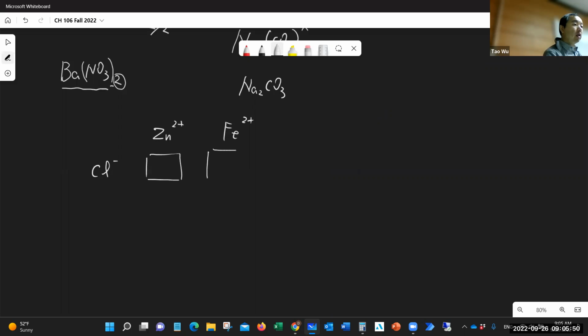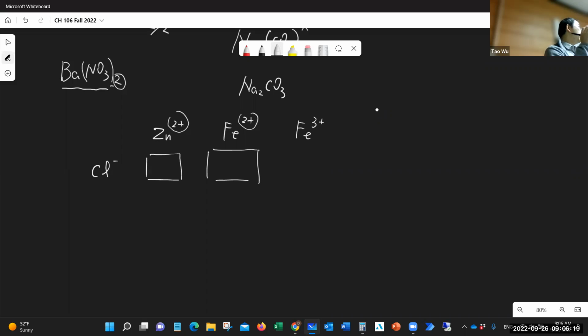And this box is going to be combining iron ions and chloride. Make sure of the charge, because you see the one next to it has a 3 positive charge, and this one has 2 positive charge. There are 2 different kinds of iron ions. One ion has a 2 positive charge, the other one has a 3 positive charge.